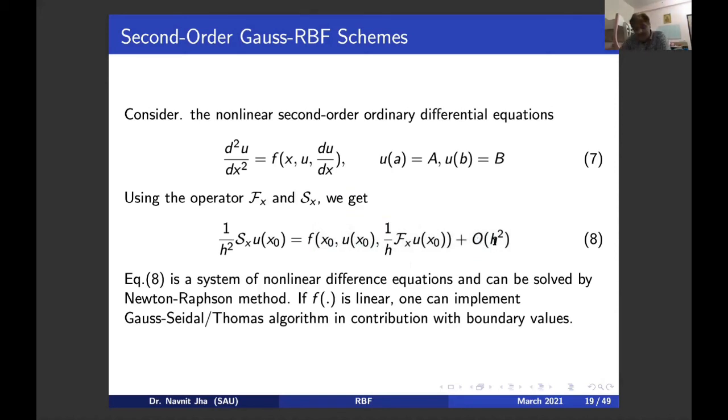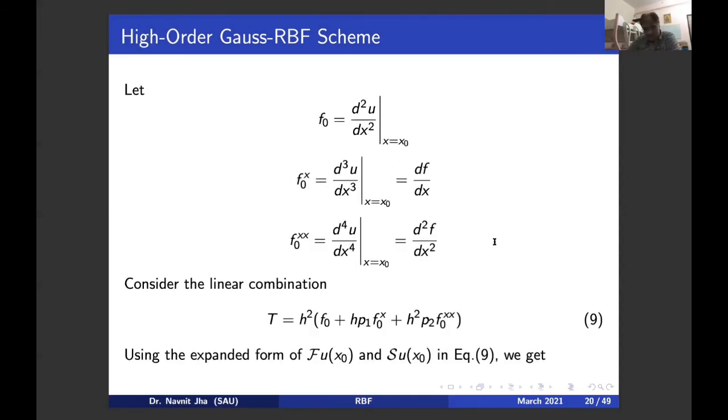Order h square takes much more computing time, or in order to have the desired accuracy, you need to put in many more grid points. So in order to reduce this complexity, we are going to enhance the order of this scheme.